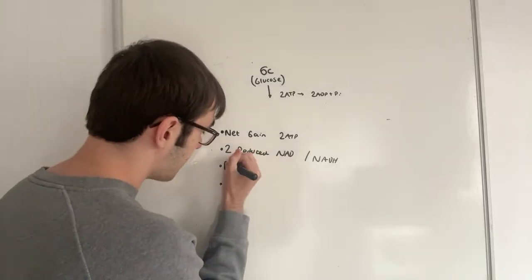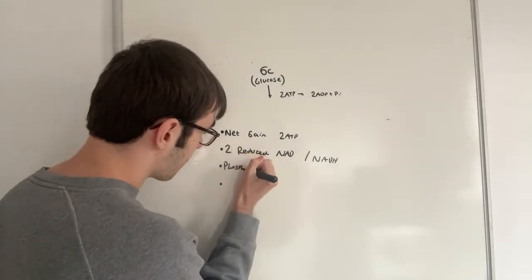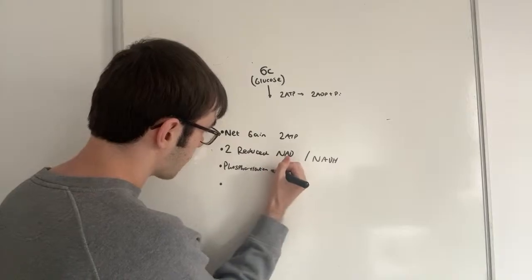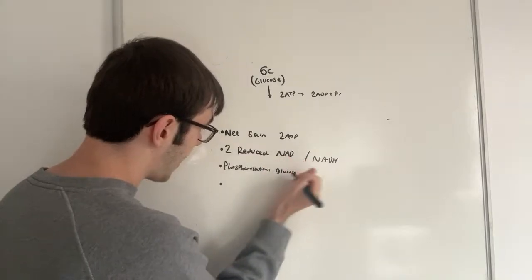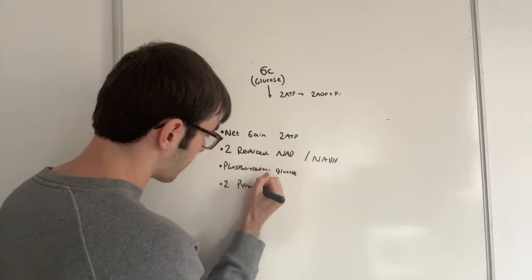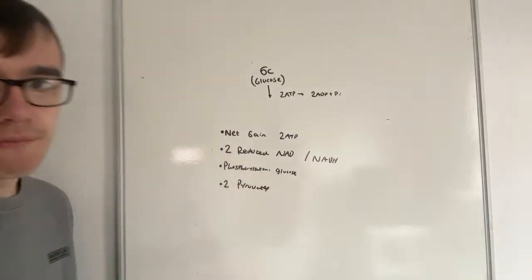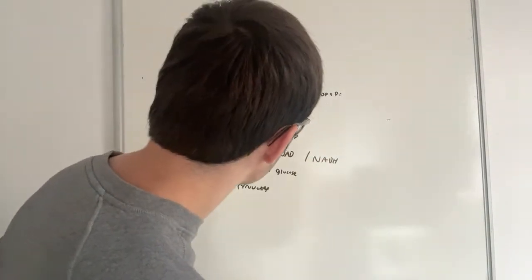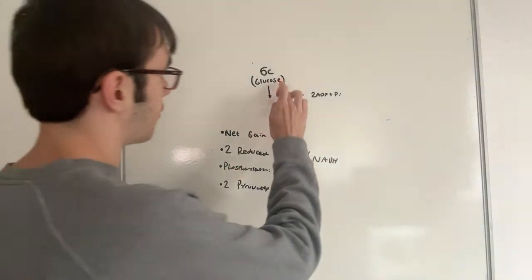It involves the phosphorylation of glucose, and it is the formation of 2 pyruvates. That's what the mark scheme will want you to say, but we should also just elaborate in detail.